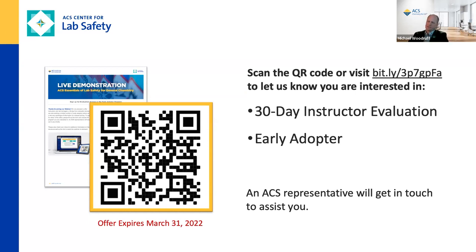And in the process of that commitment, they also commit to doing some pretty heavy evaluation and feedback with ACS, meaning document what happened. Has your incident level been able to be decreased? How have students responded to this? And provide us with that information so that we can use it not only to improve this, but to help others take advantage of what we've learned. And we do provide pretty substantial pricing discounts for people who are able to commit to that level of interaction.